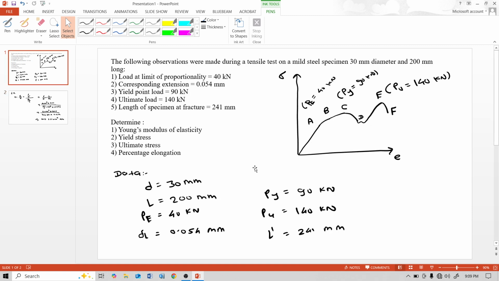Next, determine yield stress. Stress is load upon area, and yield stress is yield load upon area.